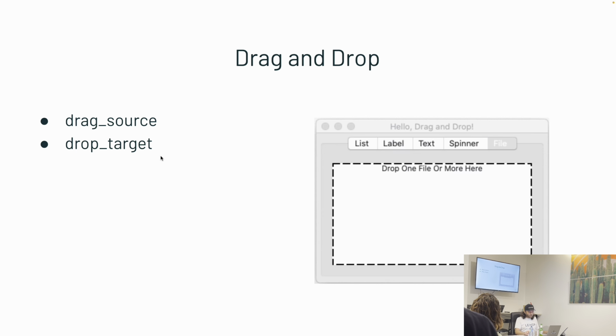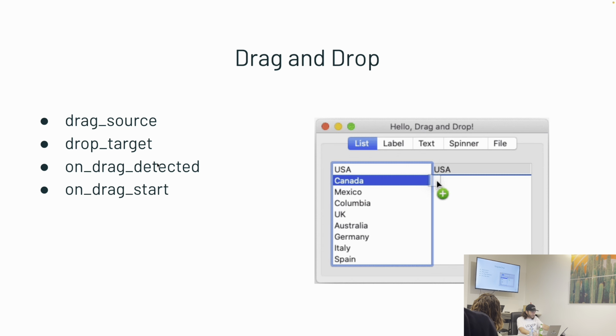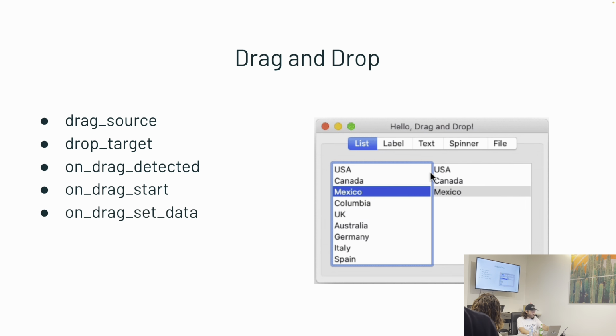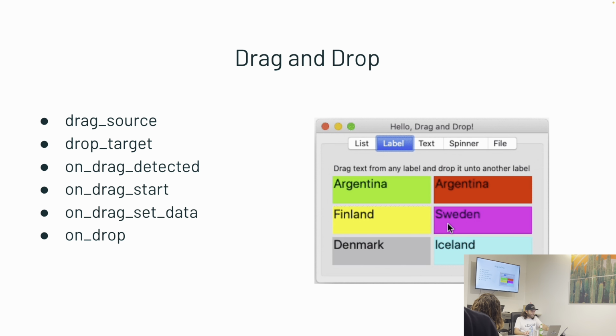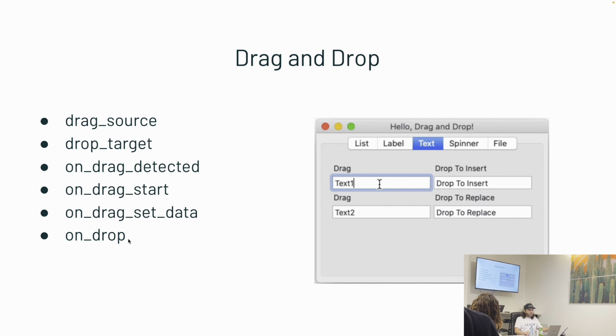If you need more advanced support, like I'm moving a file here or I'm doing something crazy, you can use listeners, like on drag detected, on drag started, on drag set data when it starts, on drop, what to do on drop. And within those listeners, you could do some work that would occur when you drop something.